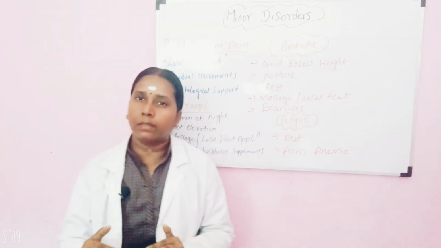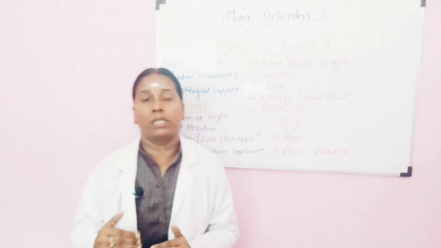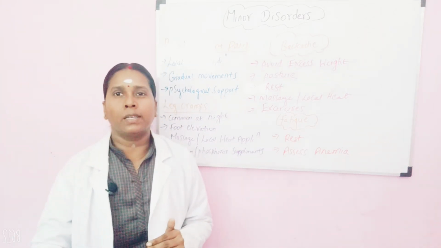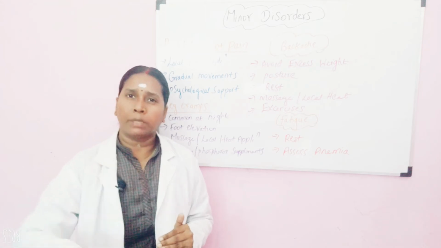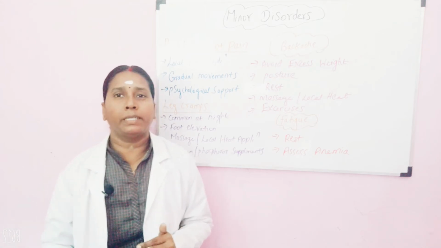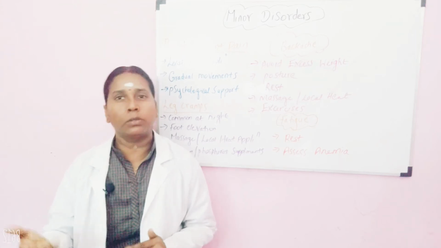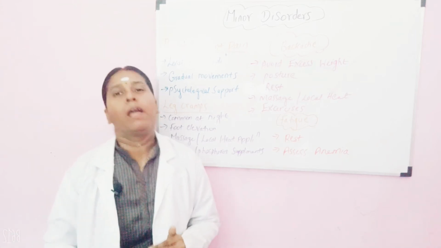Because of excess weight the mother will have back pain. So when she has conditions of obesity, hypertensive disorders, diabetes, or any condition which is increasing the weight of the mother, she may have back pain.